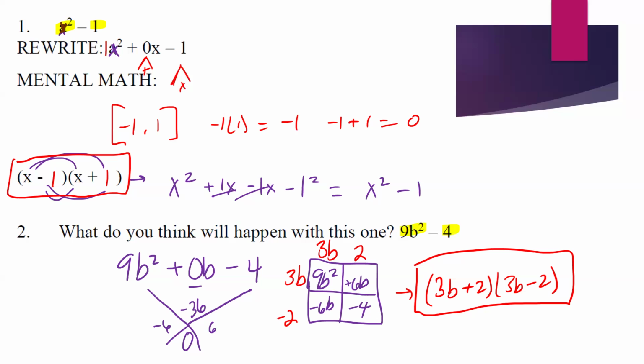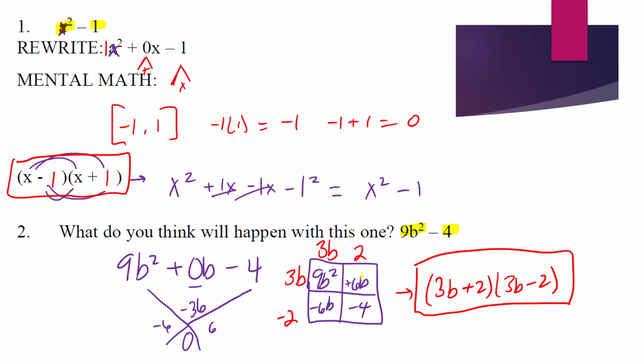So someone realized that every single time I am subtracting two perfect squares, instead of having to put in a 0, I can just, what's the relationship between 9b squared and 3b? How can 9b squared become 3b?